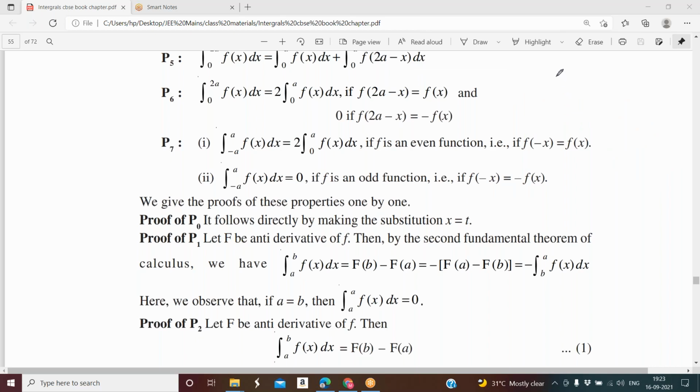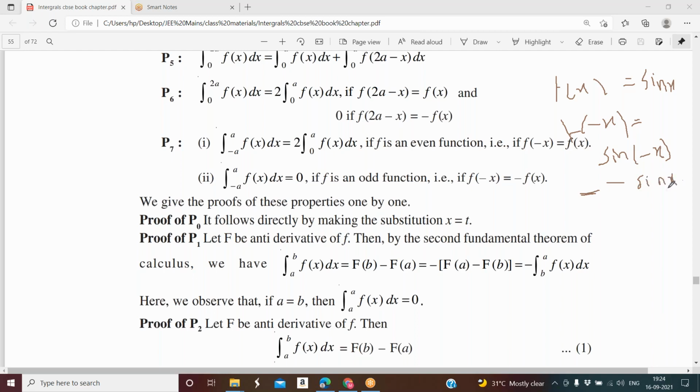That is the last property. Consider sin x. Sin x is an odd function because sine of minus theta is minus sine theta. Replace x by minus x, so we will get sine of minus x. Sine of minus theta is minus sine theta, so minus sine x.